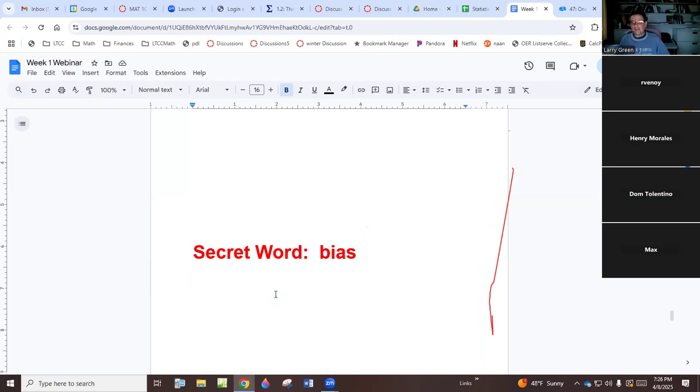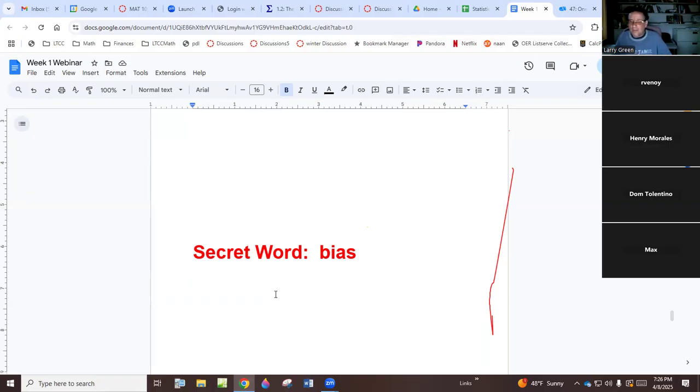And feasible means sometimes it's just too much money to spend to make the survey happen. Sometimes it takes too much time to make the bias go away. But do what you can with your resources to prevent bias in your sampling.